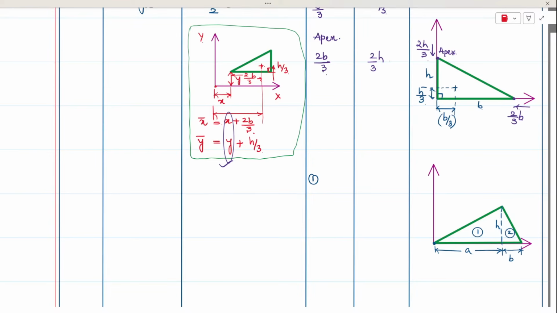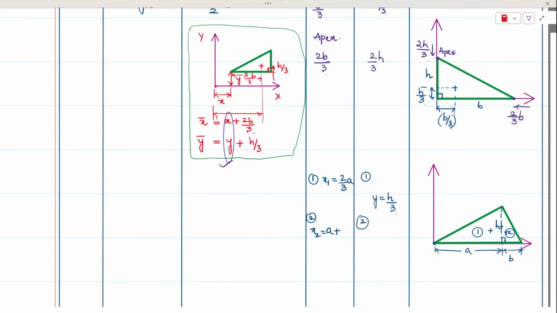So if you are asking me for figure number 1, the centroid would be 2/3 of base. So x1 will come out as 2/3 of A. And the y coordinate will be common to both, for area 1 as well as 2, y coordinate will be straight away h by 3. And if you want to calculate for area number 2, then area number 2 is at a distance of A from the origin that needs to be added.